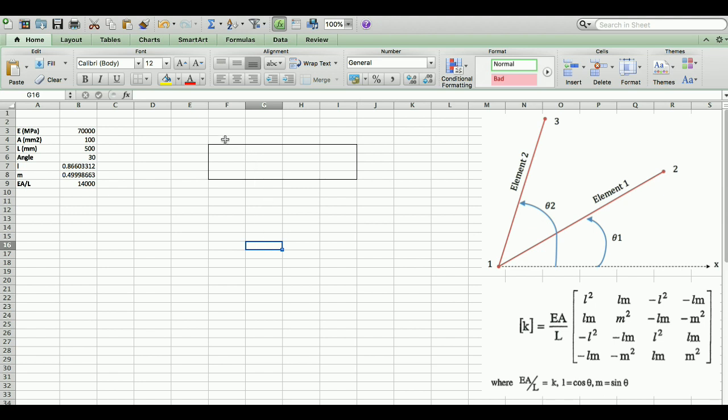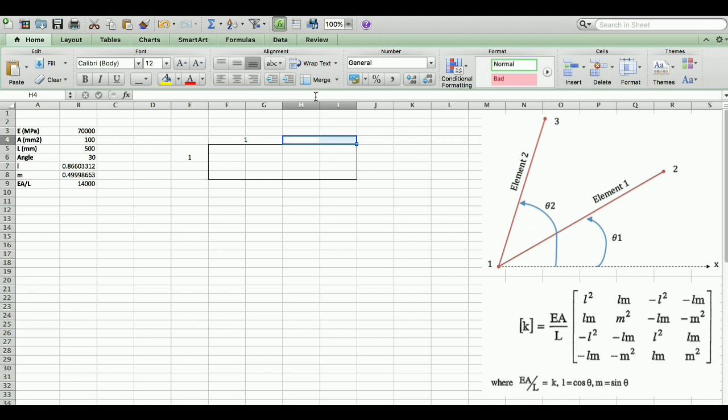Now I'm going to assume the first two columns and the first two rows of this matrix represent the start point. Usually I assume the start point to be the common joint, which in this case is 1. I merge these two and call it 1, and then I merge these two again and call it 1.